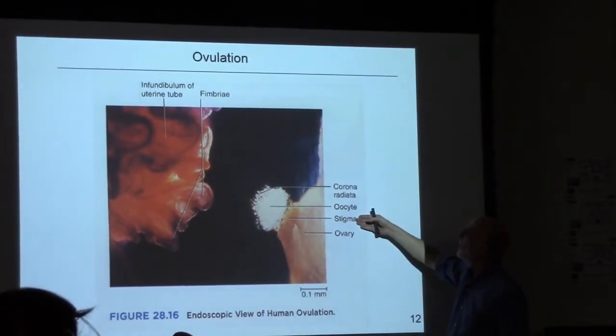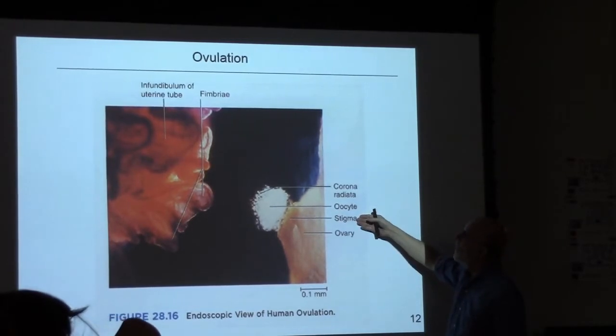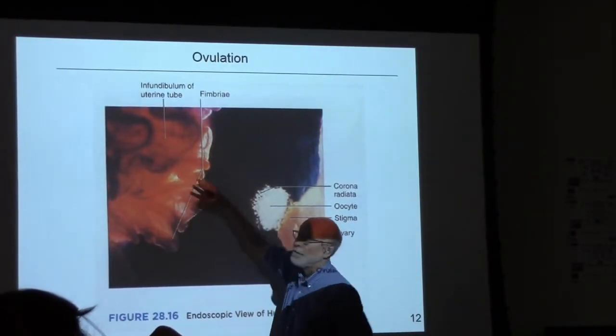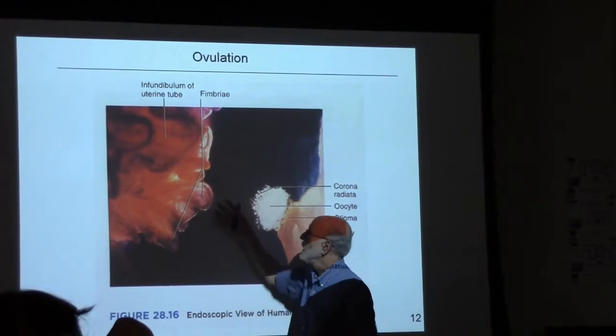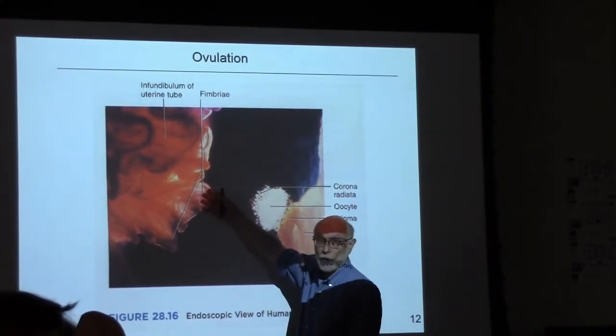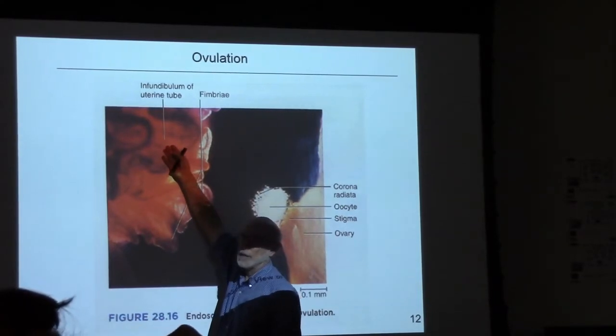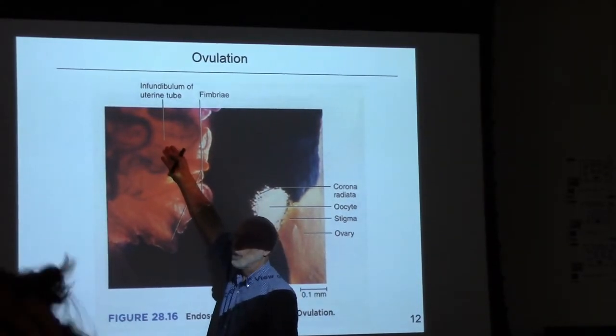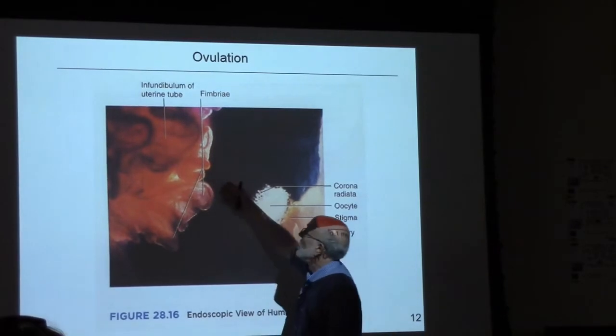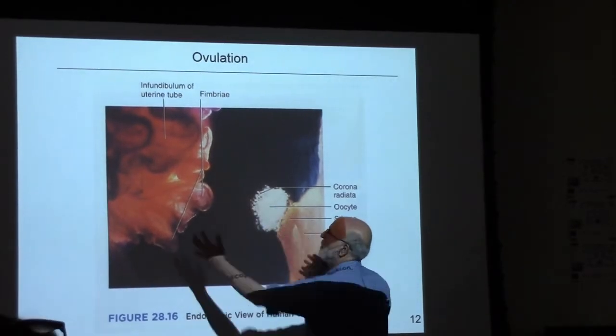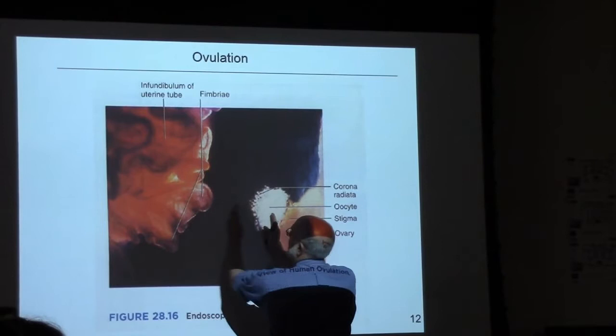Here's a word that's not on your list. Here are the fimbria, the fingery structures at the beginning of the fallopian tube, or the uterine tube, also known as the uterine tube or fallopian tube. They're synonyms. And typically this space is small.